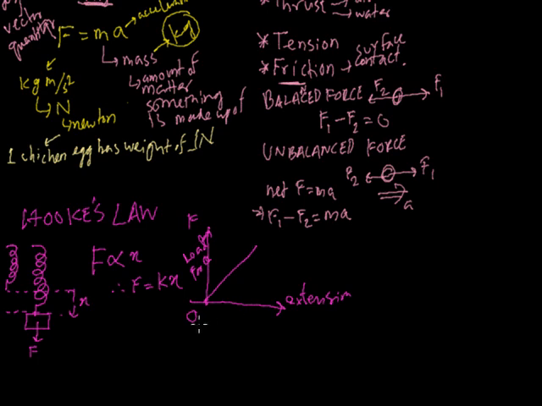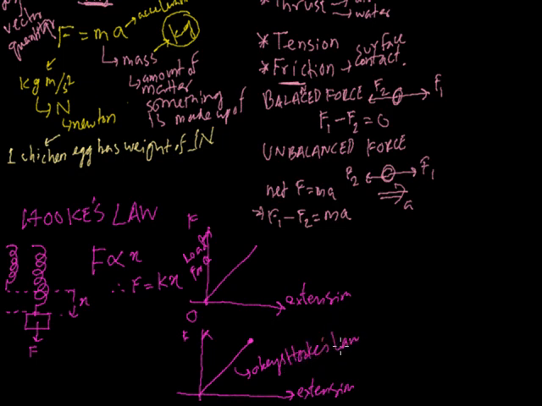But if you see the entire picture, this is extension and this is the force. If you see the entire picture, the graph would be like this, and up to this point it would be a straight line. So you can say up to this point it obeys Hooke's law. So whenever the question is how do you know something is obeying Hooke's law, you will say up to this point it's a straight line, that's why it obeys Hooke's law.